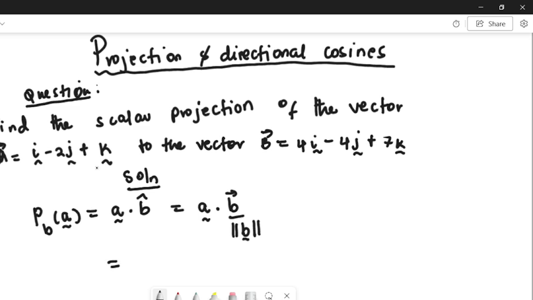So you can decide to get it as A dot B over the magnitude of B. You can use any sign, so let's use uniform signs. If you're using the arrow, you use the arrow all through.